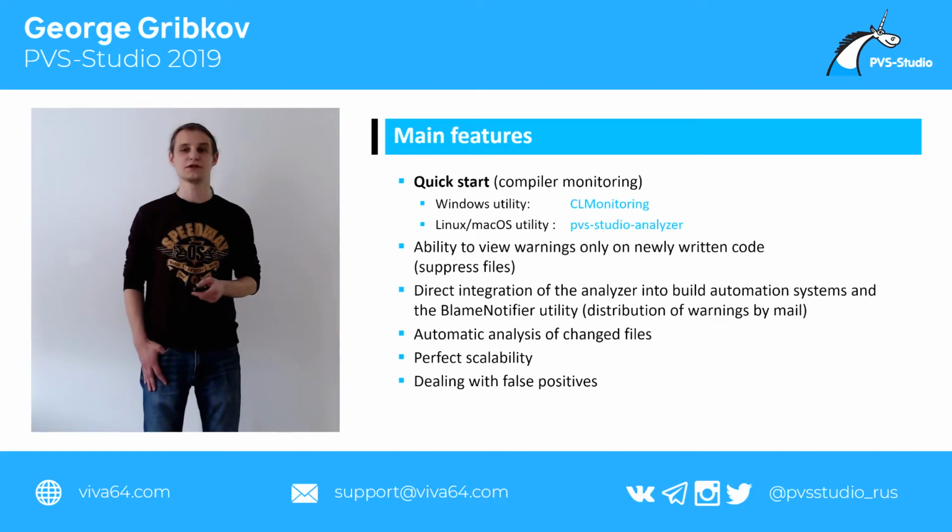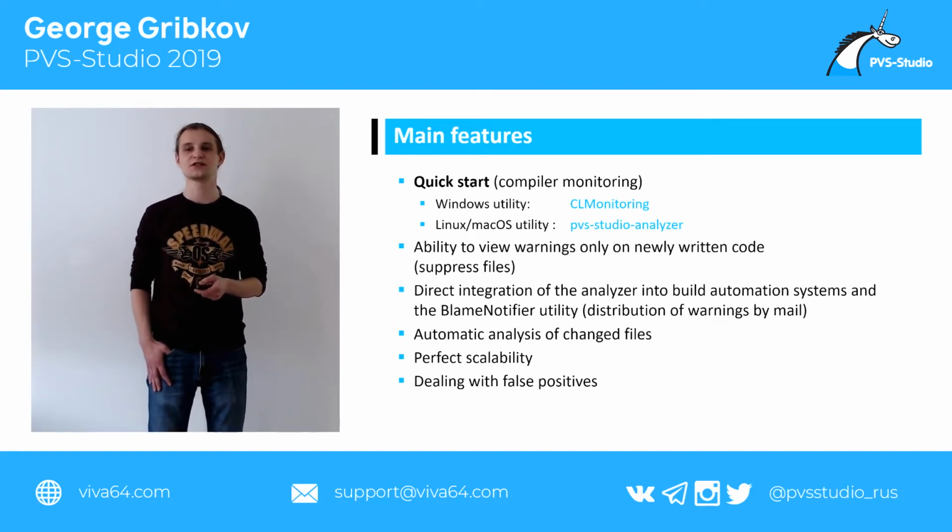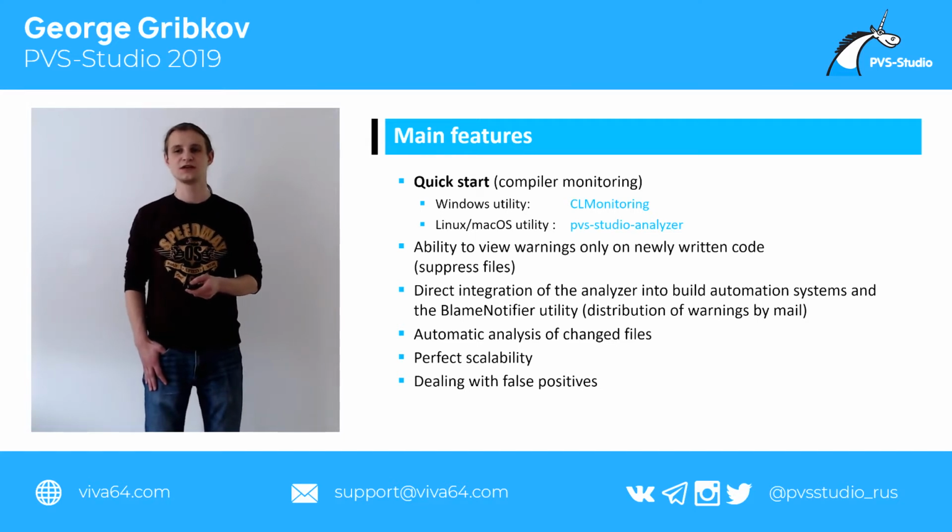Key features in general. PVS-Studio has many utilities that allow you to quickly start analyzing your code. Plugins for various IDEs, a standalone version, as well as a special utility for compilation monitoring. It is needed in order to analyze the project regardless of which build system you are using.